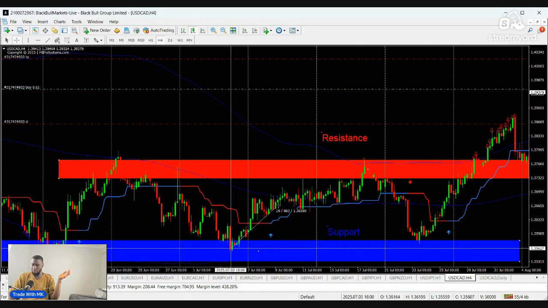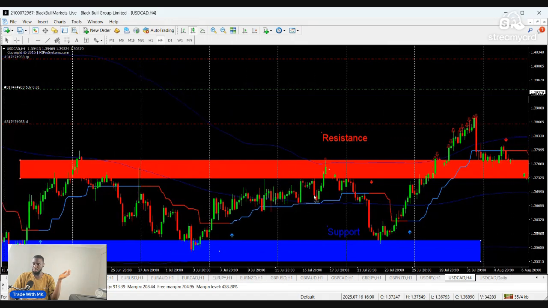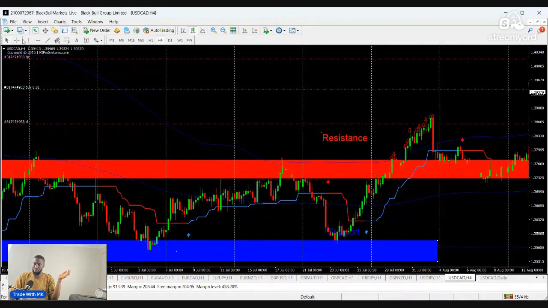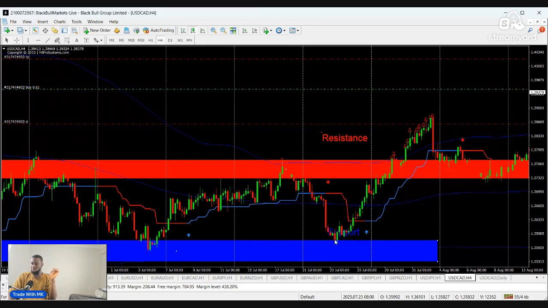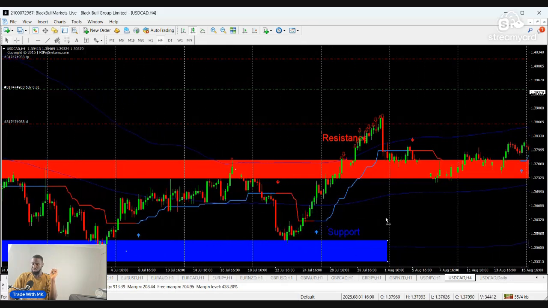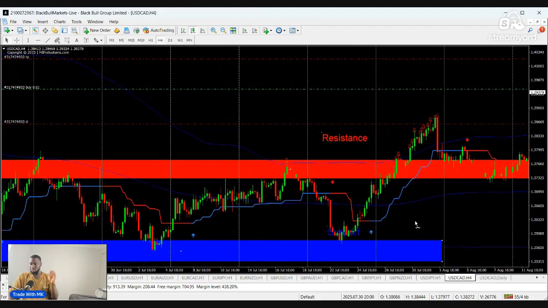You sell here, you still make 160 pips. With the bounce strategy, I sell here again, and then it comes down 150 pips. Whatever I was trading, on a standard lot or mini lot, depending on my capital, that's the money I would have made easily.